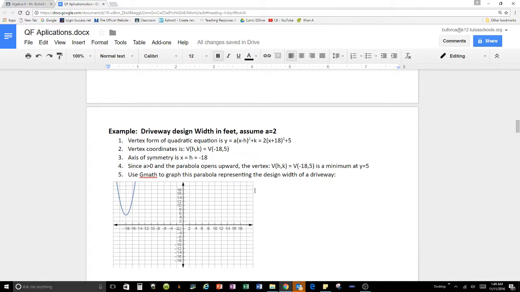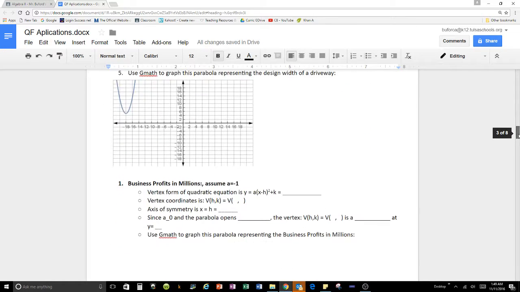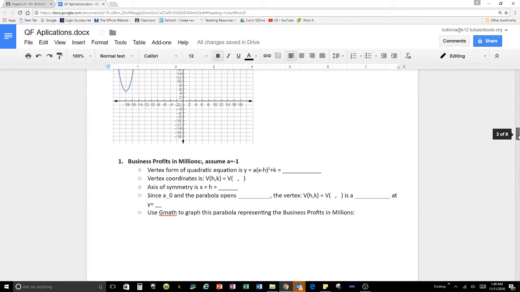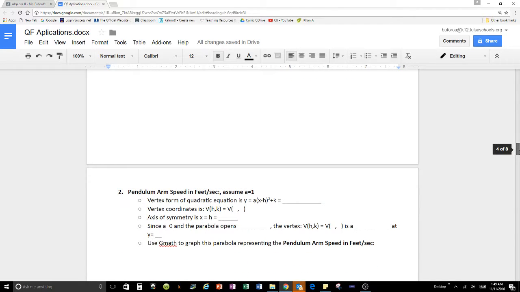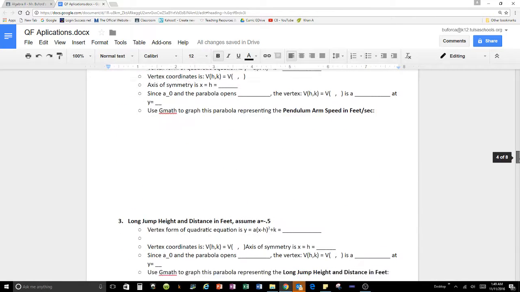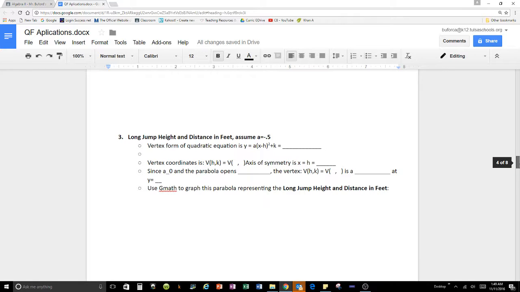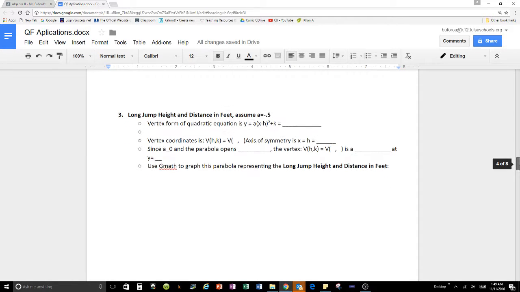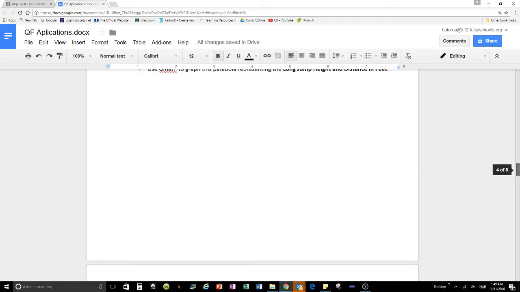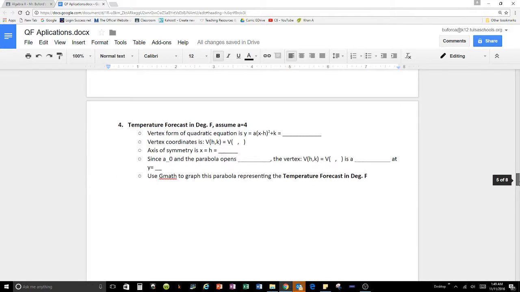And that's pretty much how we do all of these problems. And so you can see I've left space for you to do all the other applications or types of projects that are being modeled by those parabolas.